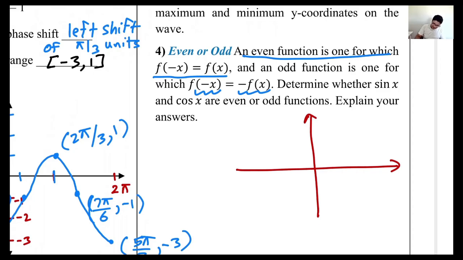I will use theta because x will be confused with the x coordinate here. Let's go with theta for the angle. At any angle theta, the sine is the y coordinate, right?